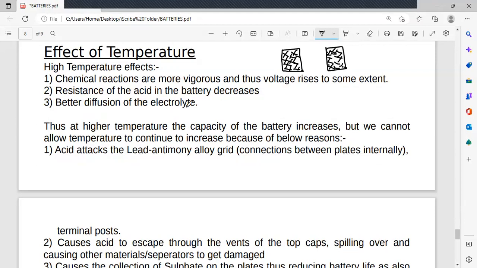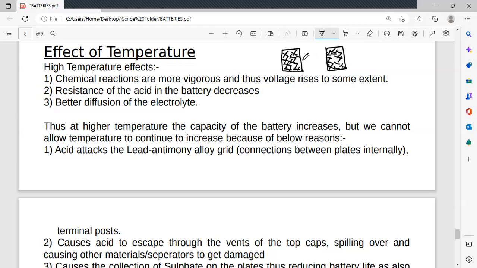What can happen is that the acid attacks this grid, and when the grid becomes broken, the plates can bend. You remember what we spoke about when we were talking about those sensors? The bimetallic strip, when it gets heated, can bend. So also can your lead and your lead peroxide electrodes bend because of this extra heat.